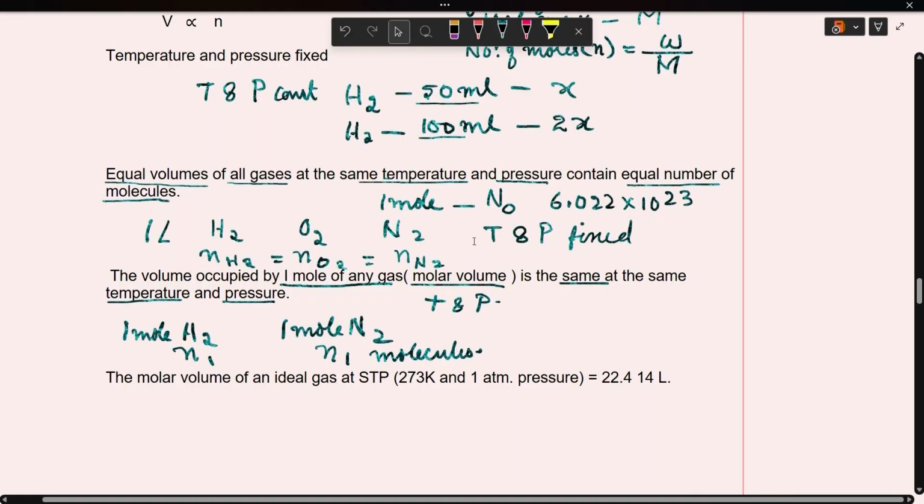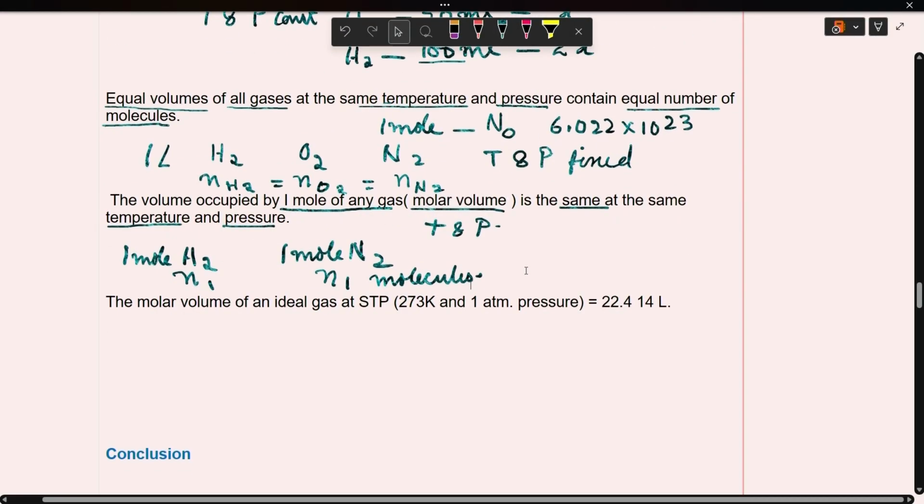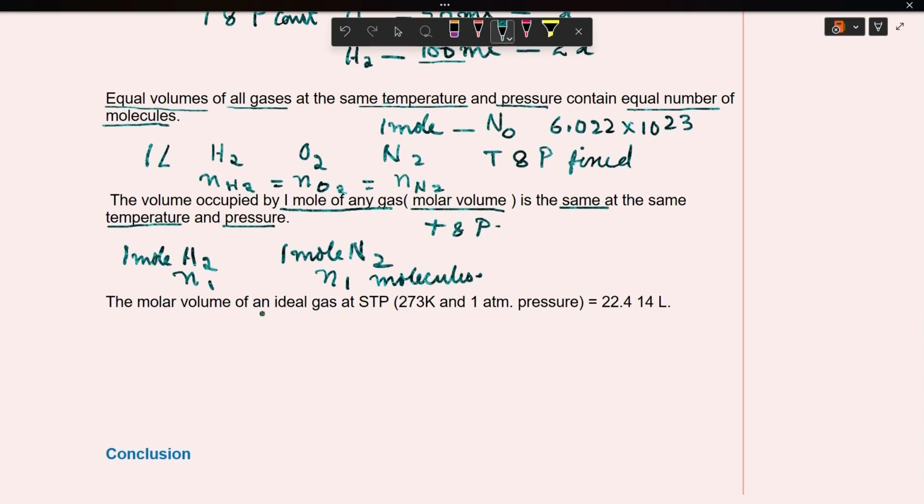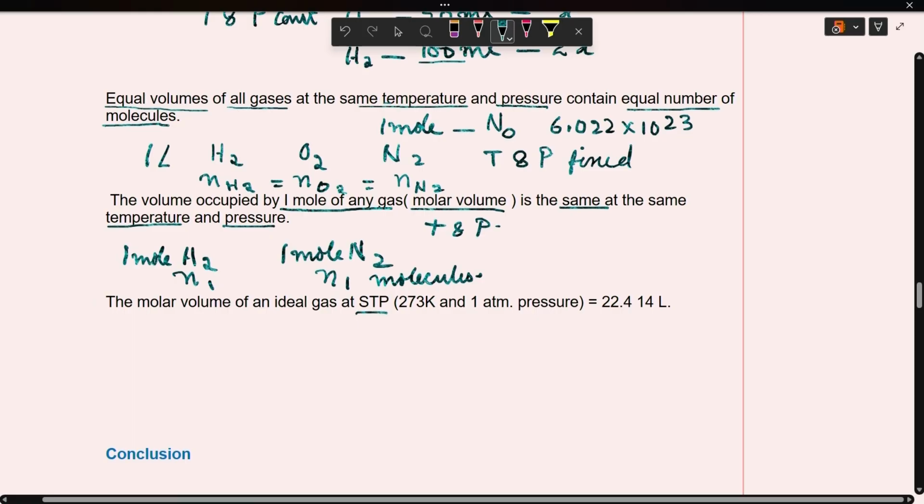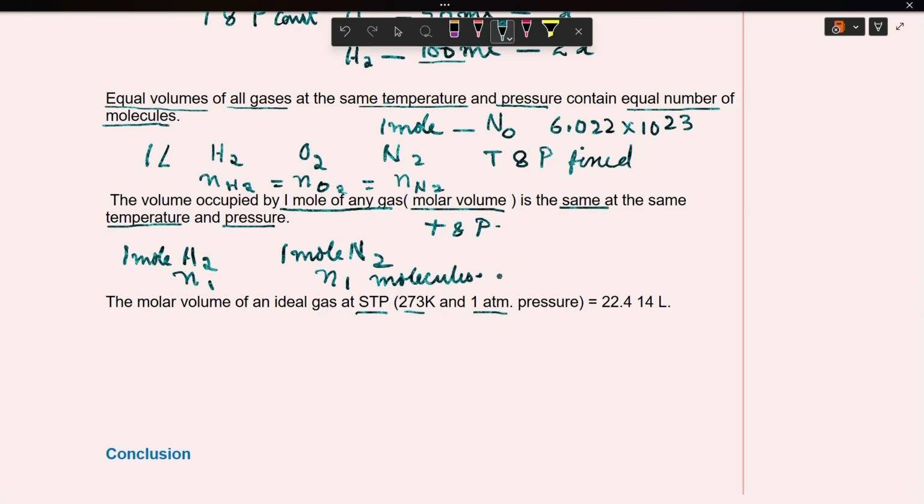That is another consequence, and from that we get one deduction: the molar volume of any ideal gas at STP, that is standard conditions of temperature and pressure, 273 Kelvin and 1 atmosphere pressure. Actually, it is taken as 1 bar, but 1 bar and 1 atmosphere make no much difference, and therefore you can take it as 1 atmosphere itself.